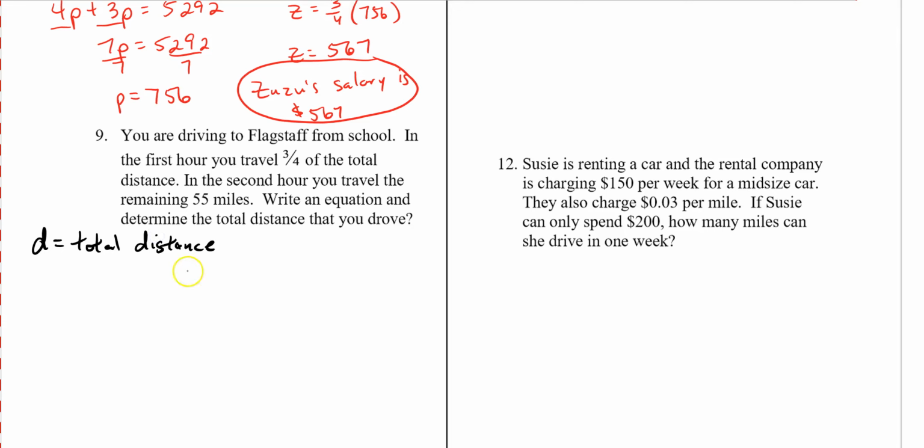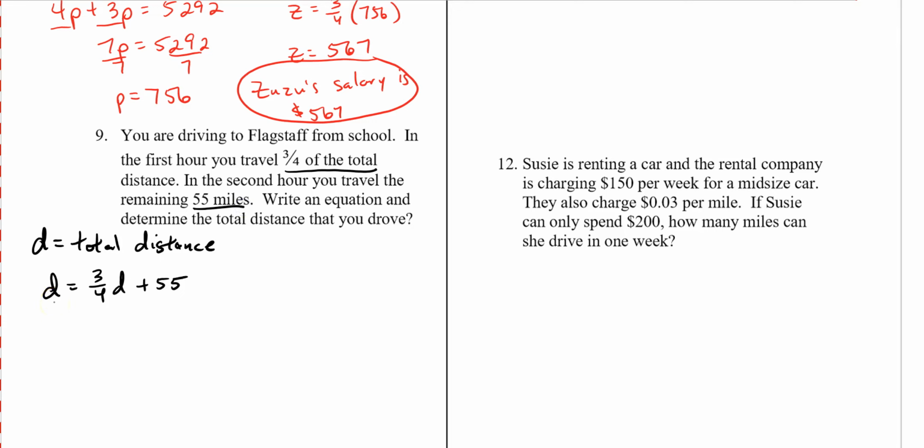So the total distance is equal to 3/4 of the distance that you drove in the first hour plus the other 55 miles. So we have that common variable of 3/4 of the distance plus the other 55 is equal to the total distance.